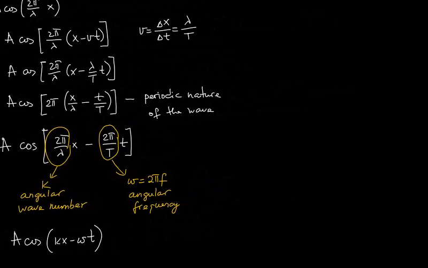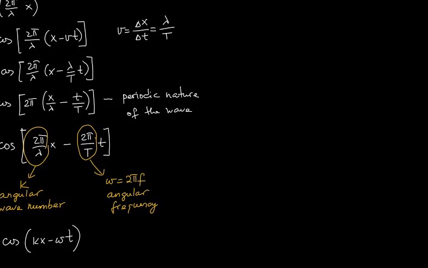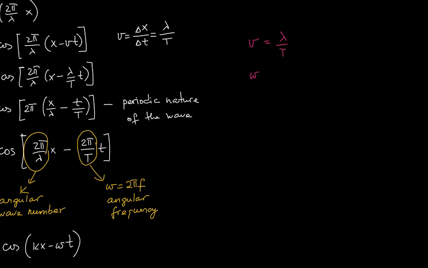Let's start from the point where we have v. v equals lambda over T, which is right from here. I already explained that to you. And we defined omega to be 2 pi over T.